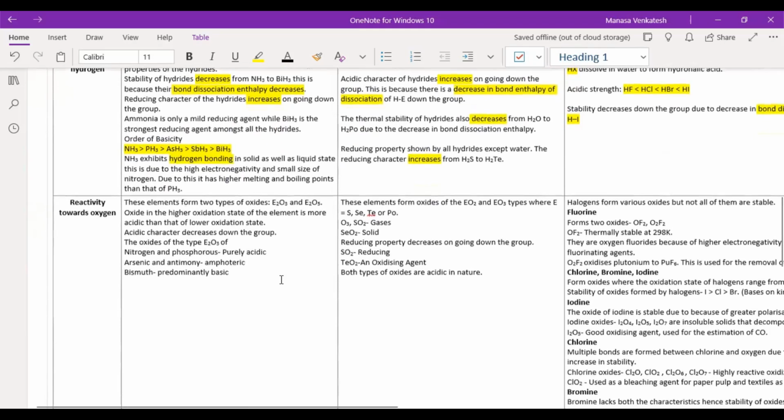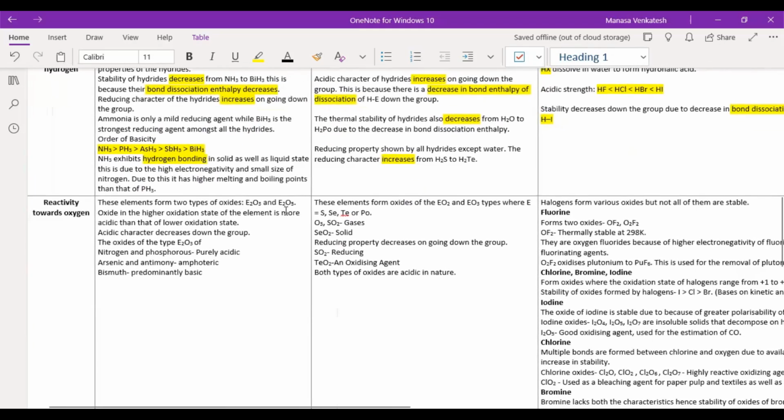Next is reactivity towards oxygen. So they form something called oxides. So oxides of these elements, in case of the nitrogen family, you have E2O3 and E2O5 forming. Oxides which have a higher oxidation state of the element are basically going to be more acidic than those of lower oxidation state.